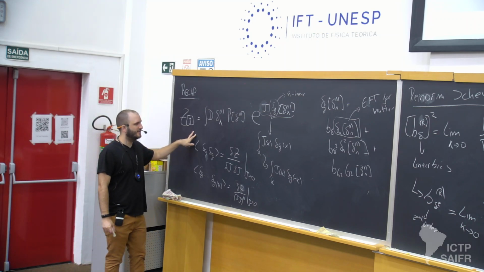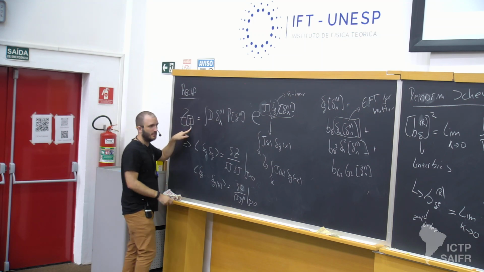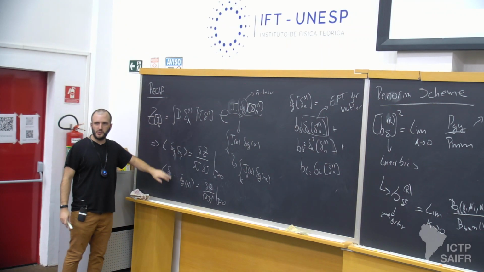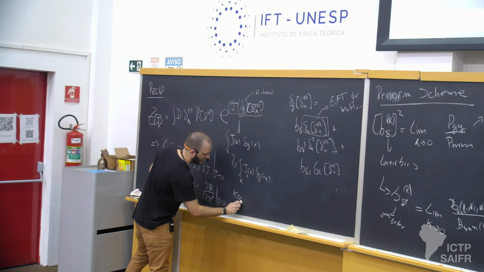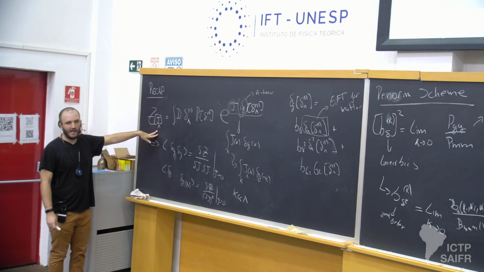Something important here is that this J is chosen to have some support on lambda, such that whenever I calculate my 2-point function or 3-point function or n-point functions for k way smaller than lambda, I'm allowed to do it.